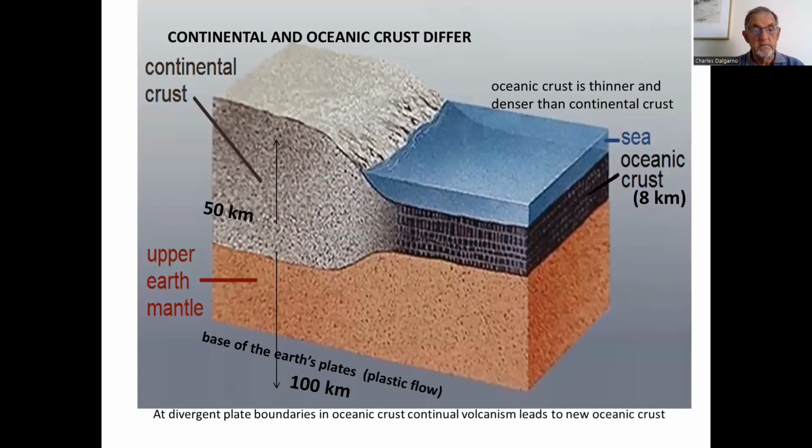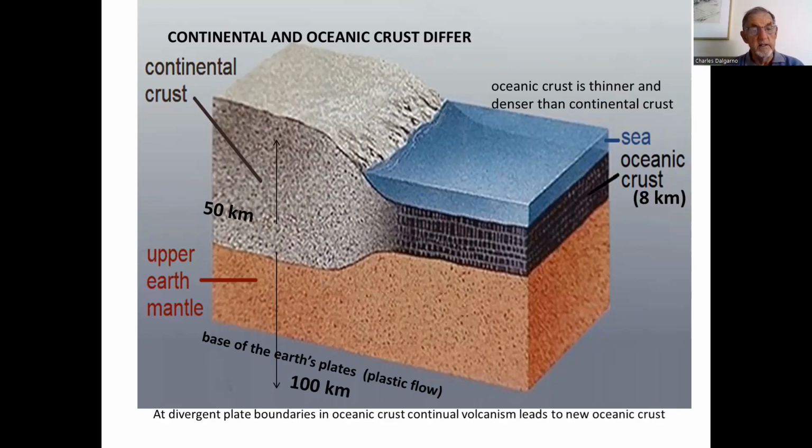Of course, there's a fundamental difference between continents and ocean crust. Ocean crust produced by volcanism from the central spreading ridge is only about 8 kilometres thick. It's basaltic, it's dense. It's very little differentiated from the underlying crust and mantle of the Earth.